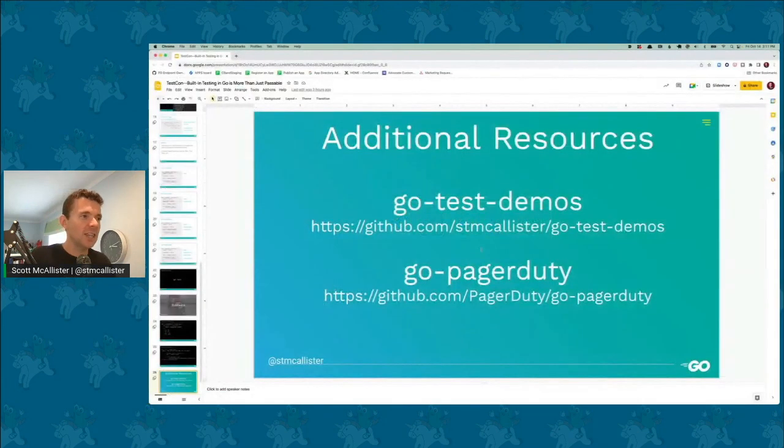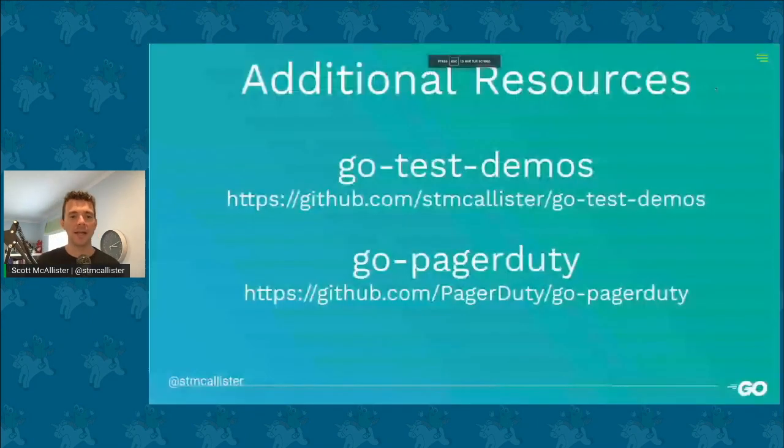If you're interested in looking at the demo code that I was going through with the math functions, that's the little calculator app that I was building, you can find the Go test demos on my GitHub at ST McAllister. If you're interested to see how we implemented it at PagerDuty, go look at our API client library. We have a link there that allows you to go look at that library and see how we're doing it in production in real life.